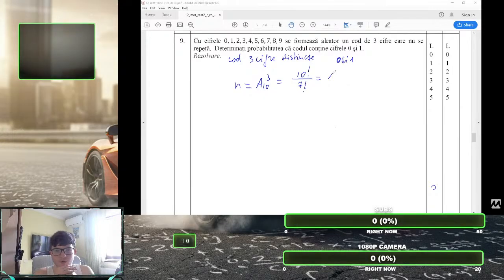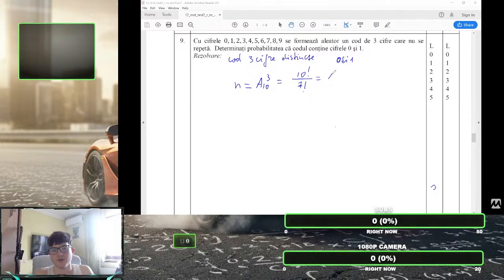So I guess my approach wasn't right. We gotta do the arrangements. So from 10 digits we form a 3-digit code, which makes sense. So we solve that.